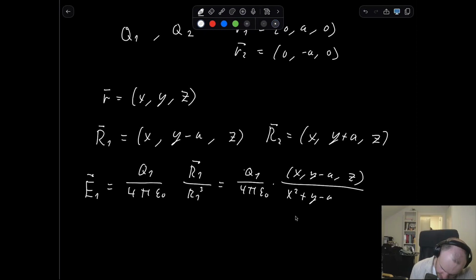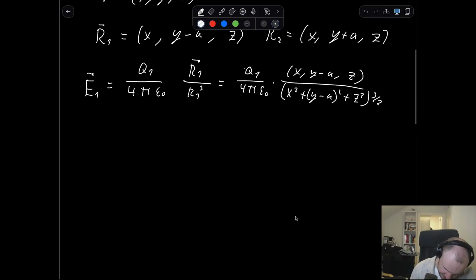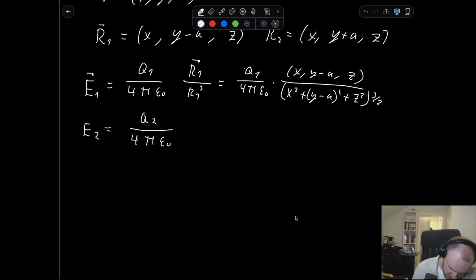And then on the bottom we are going to have x squared, because it's the length, plus y minus a in parentheses squared, plus z squared, and since we have cubed, this will be 3 over 2. Then for E2, we have nearly the same thing, but with the charge Q2 and the relative vector R2, with R2 cubed.